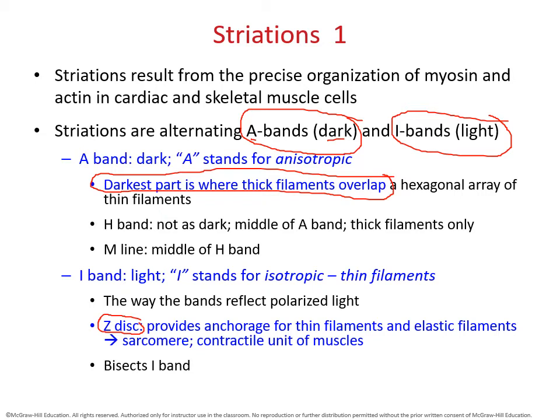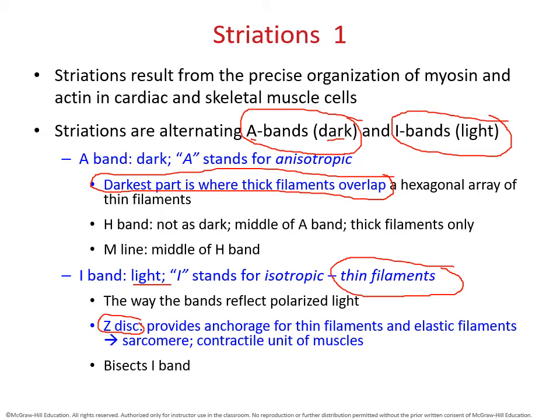The I band is where you're going to have your thin filaments by themselves. I stands for isotropic, your light band, and basically it's light because there is a thinner format in there, so the light will reflect differently, allowing you to have more of a shaded area, creating a light band.